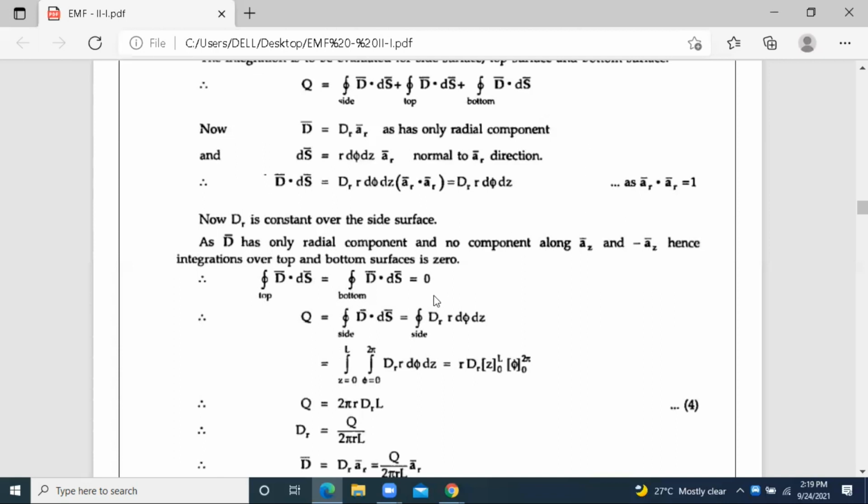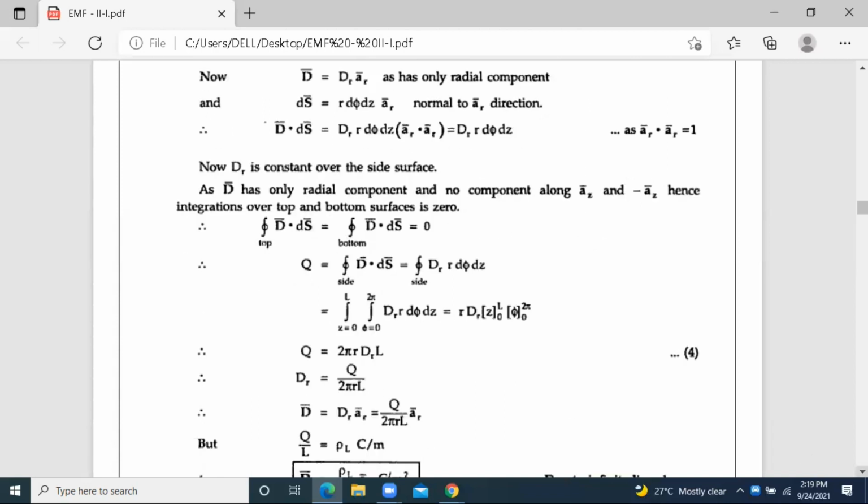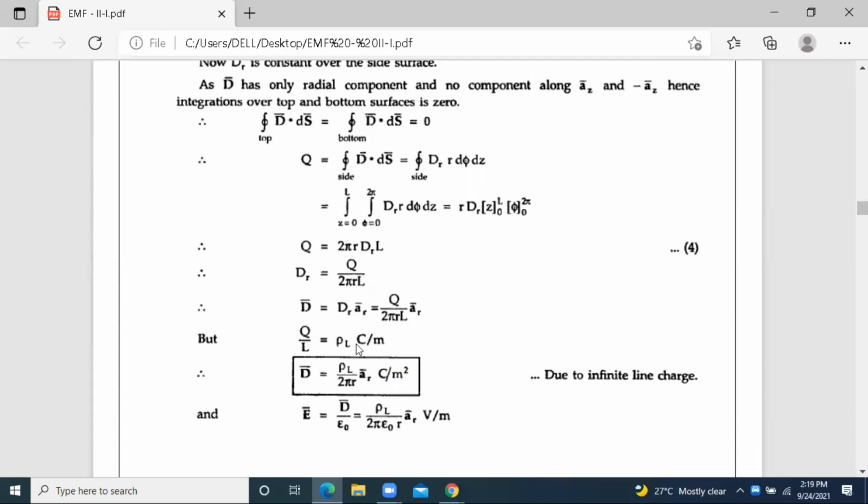So you just put that to 0. When you do this integration, you simply get this, which is the same thing as you got above when you did all those integrations. So using Gauss law is much simpler.